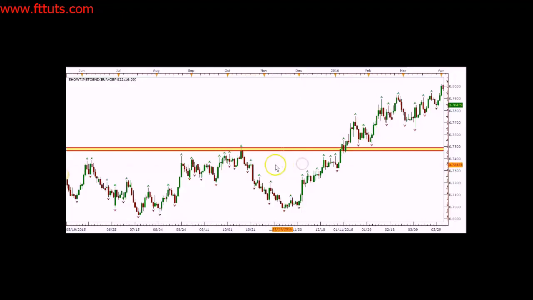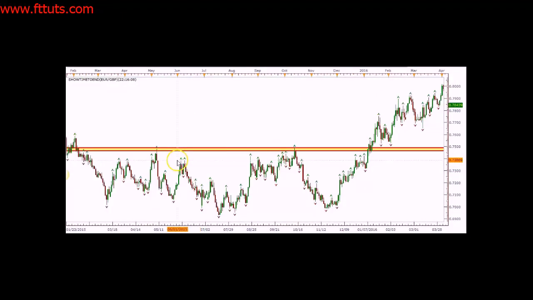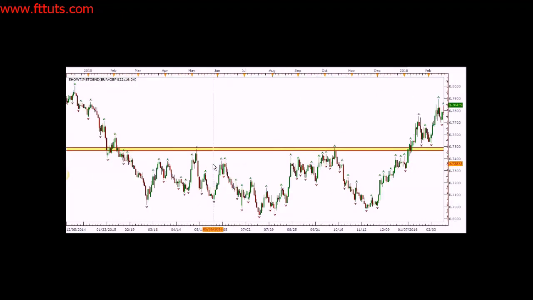Now when I look at it back here, I want to make sure it touched some things. I also see that this wick here, the body was down here, so I would probably want to move that zone down. So now that zone level is going to be 74,362, so I'm going to lower it.